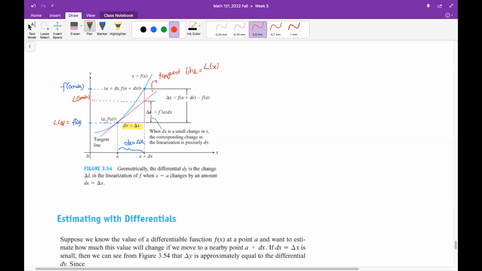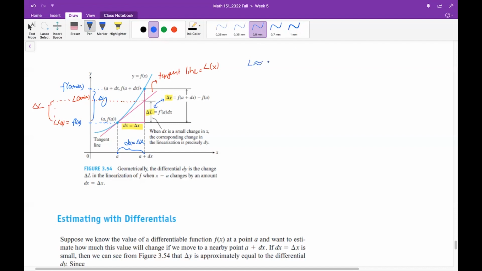So this difference, from here to here, is delta L. Where this difference is from here to here, we have the difference of the images. That's why it is delta y. Delta L is the difference of the images on the tangent line. Delta y is the difference of the images. So like this.